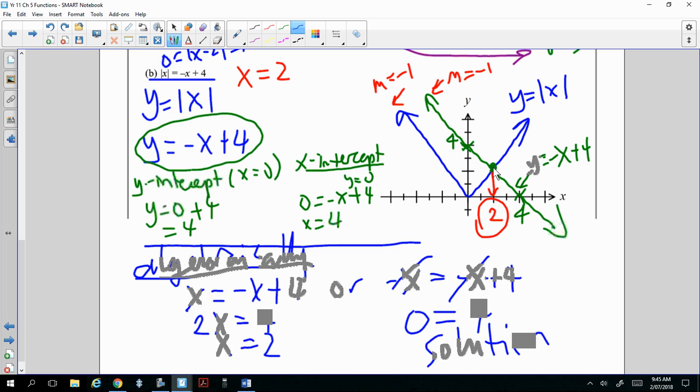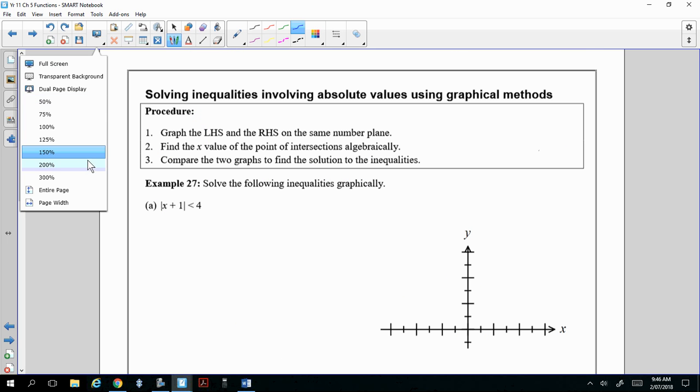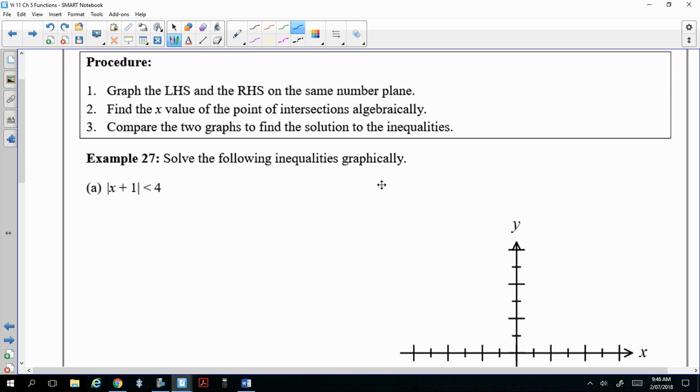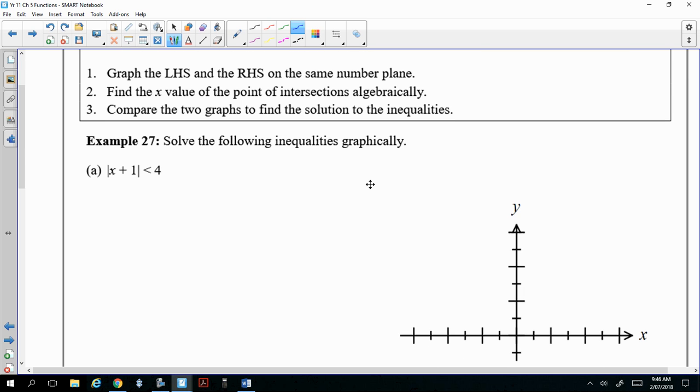All right, watch this. y equal to absolute value of x plus 1, y equal to 4. Let's draw the V shape. If you find the x-intercept, you put y equal to 0. You get 0 equal to absolute value of x plus 1, so x equal to -1.